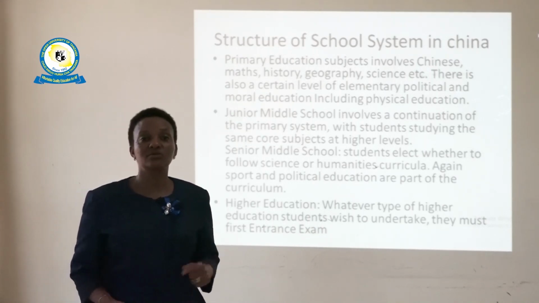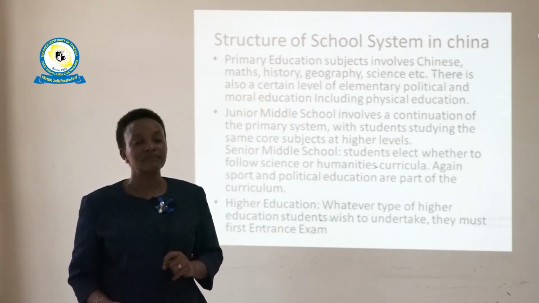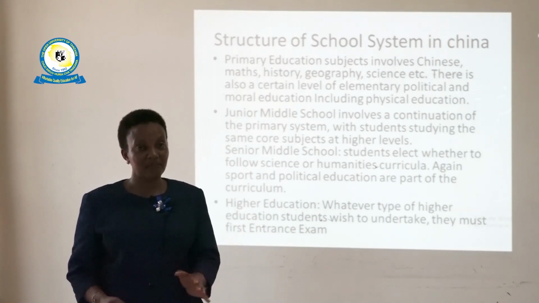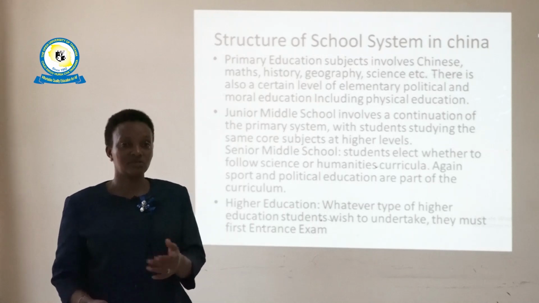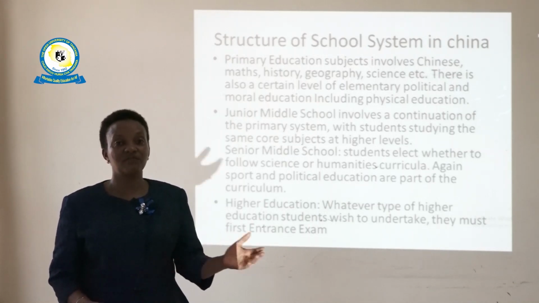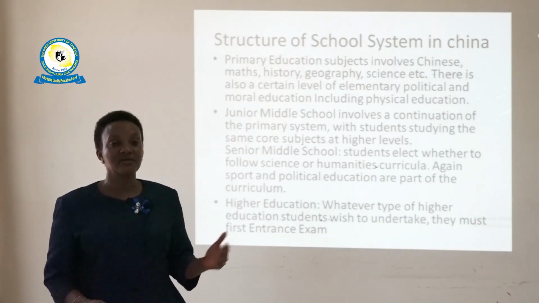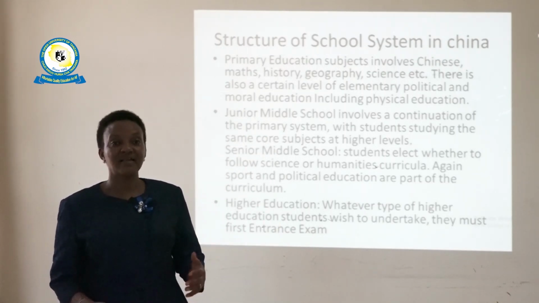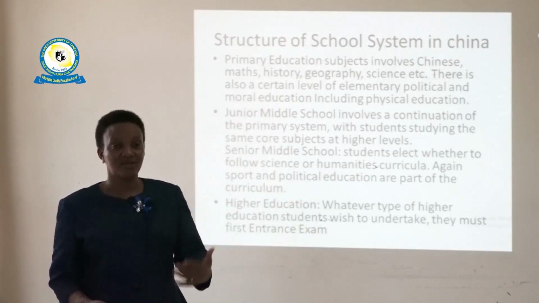The junior middle school involves a continuation of the primary system. After a child has finished the primary education, he or she has to go through the junior middle school. The students study the same core subjects as those studied in the primary education.